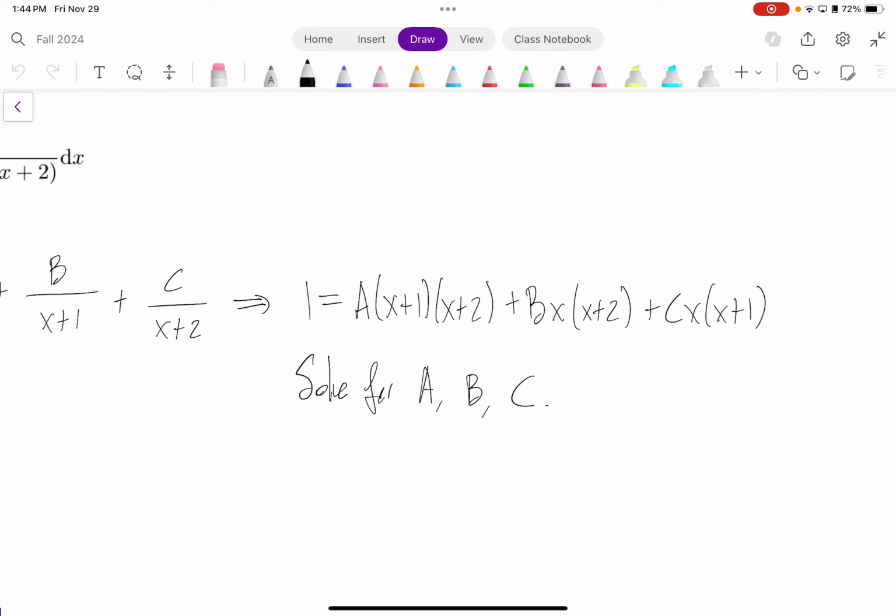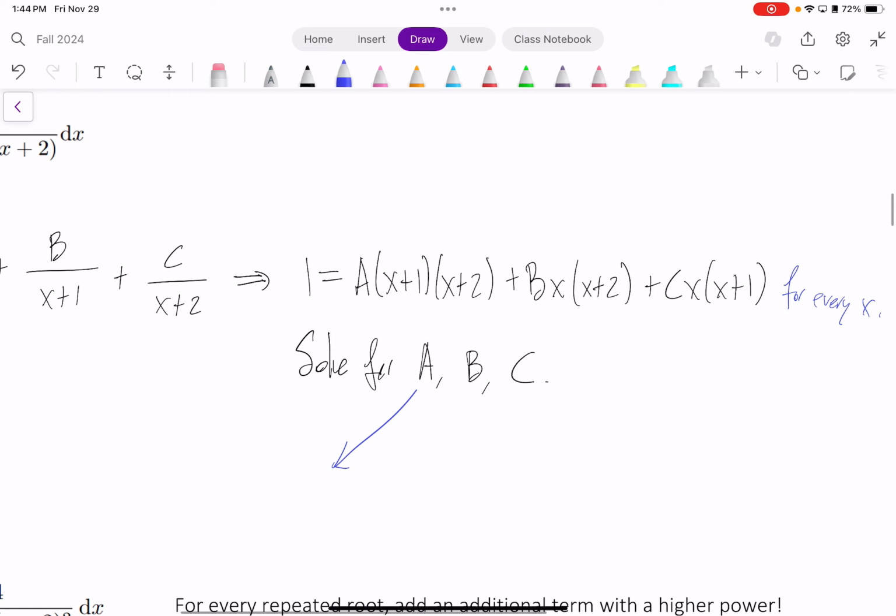Okay, so how are we going to do that? Let's say we wanted to solve for a first. Let's try and choose an x value which eliminates all of those b and c's, right? So if we're solving for a, remember this holds for every x. Let's choose x to be equal to 0.